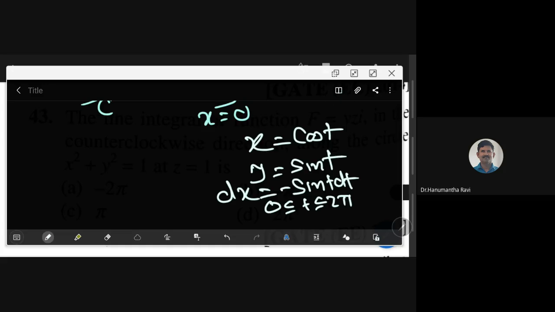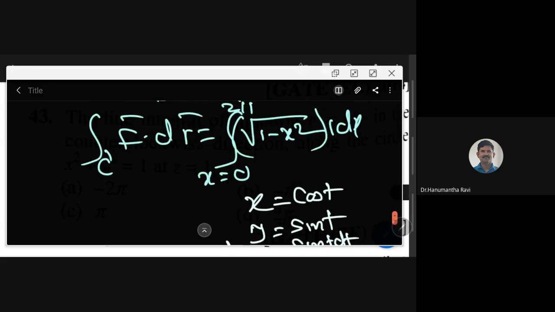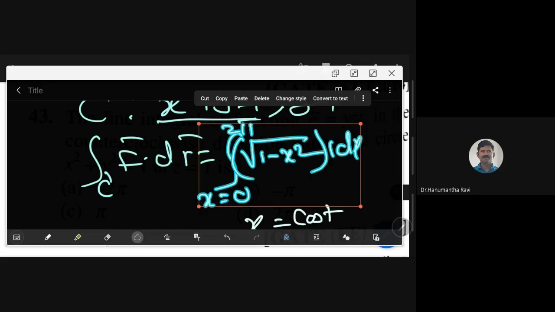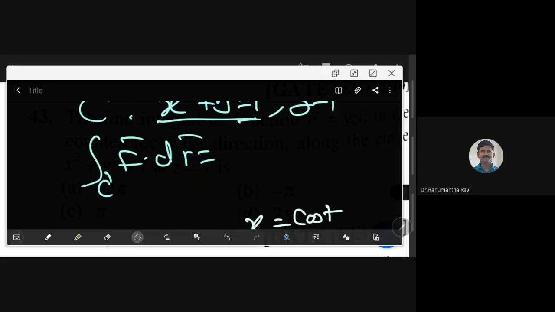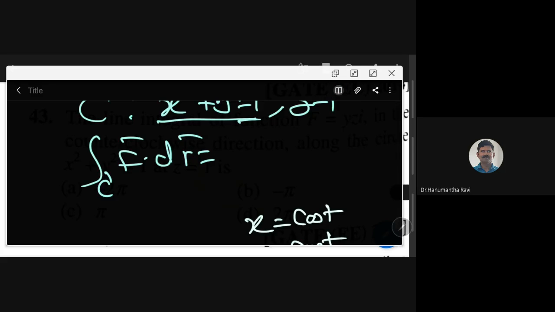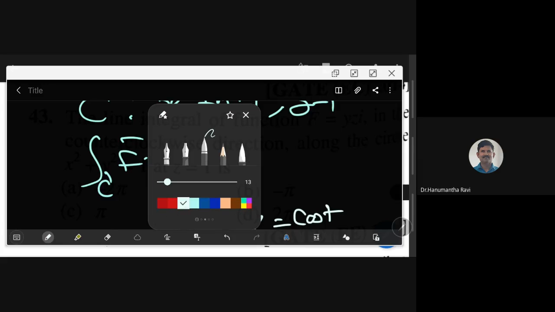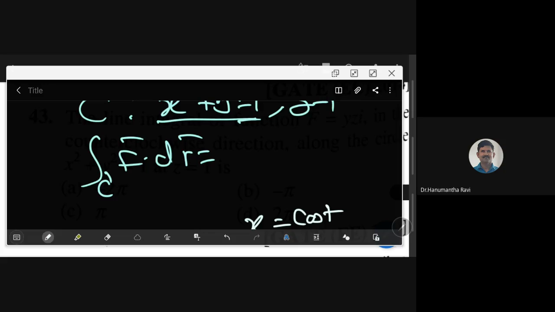So we better follow this way in order to get the answer. If you follow this, you have yz dx over the curve C.